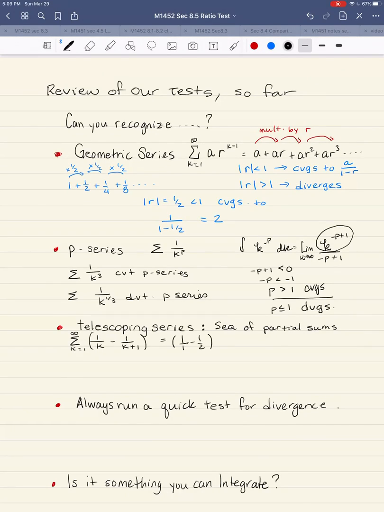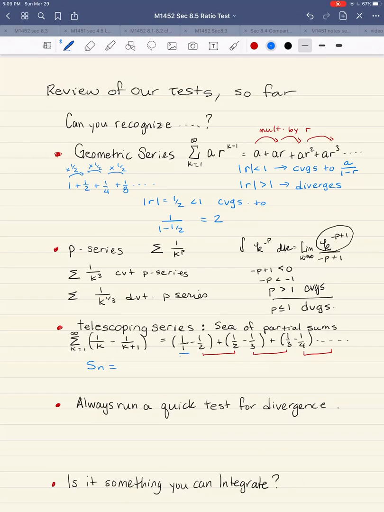If I write out the first terms, the first term looks like 1 over 1 minus 1 over 2. Now k is 2, I get 1 over 2 minus 1 over 3, 1 over 3 minus 1 over 4, and then you can see that this thing telescopes.